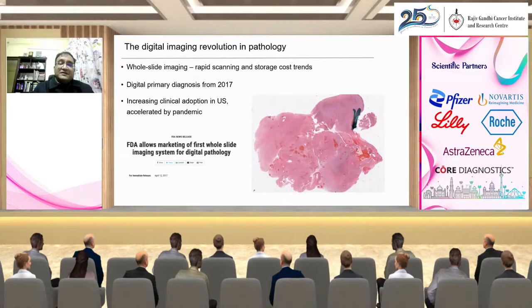Primary digital diagnosis started in earnest in 2017 when FDA approval was granted to the Philips ultra-fast IntelliSight scanner, and this led to increased clinical adoption in the US. It was further accelerated by the pandemic because it permits remote viewing and diagnosis of the digital images.